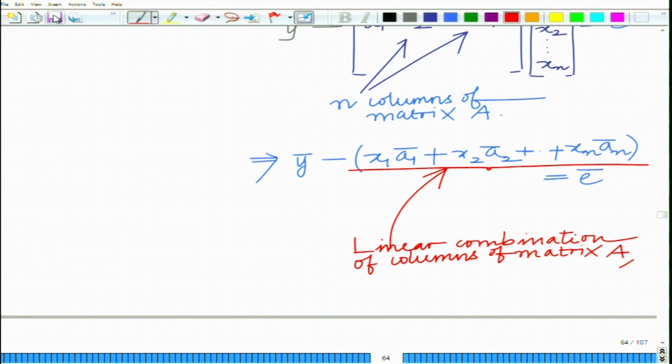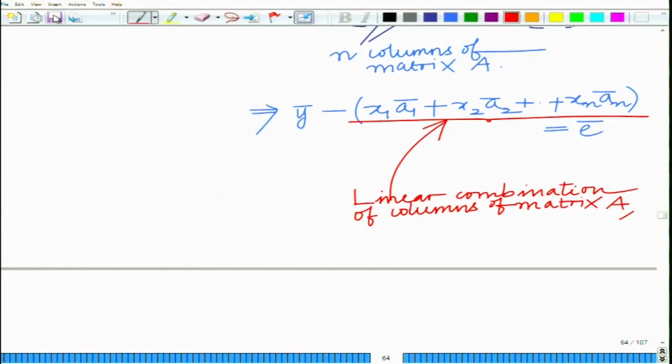Okay. So now you have this linear combination of the columns, which implies that this approximation, that is A times x bar, always lies in the subspace spanned by the columns of A. Remember, consider all the linear combinations of these columns, you get a subspace.